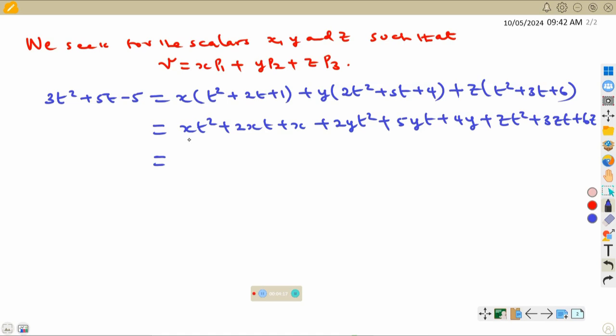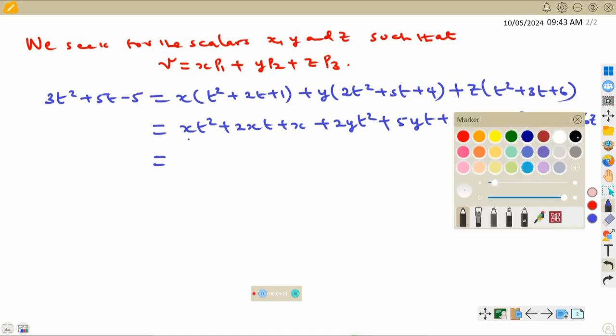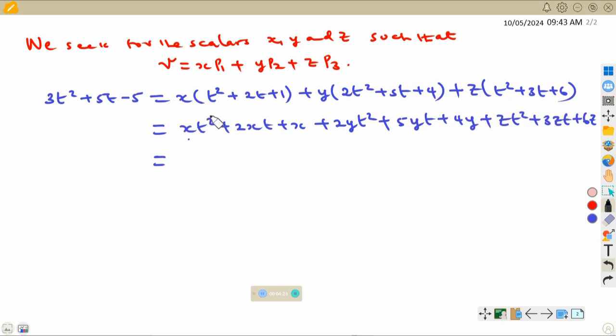And this will be the same as, now we can pick the corresponding coefficients for t squared. So the coefficient for t squared here is x. The coefficient for t squared here is 2y. The coefficient for t squared here is z.